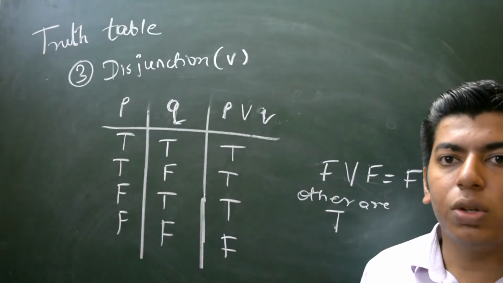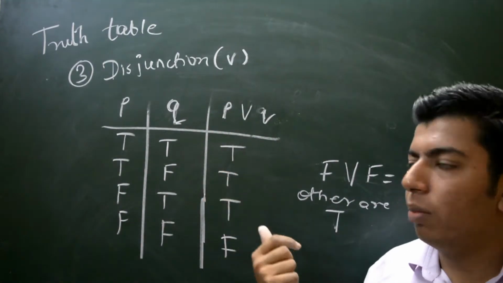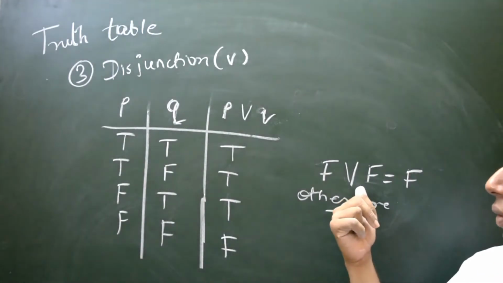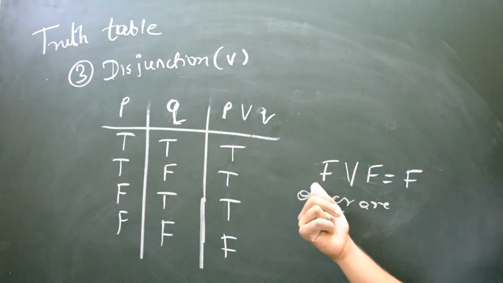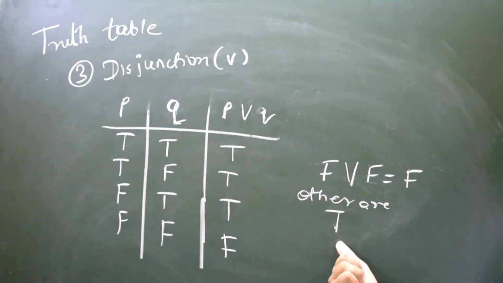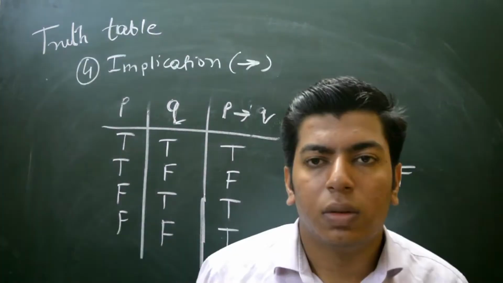In this way you can remember this, or you can directly learn this as F disjunction F, that is false disjunction false is false, and others are true. Others are true. So this is for the disjunction.